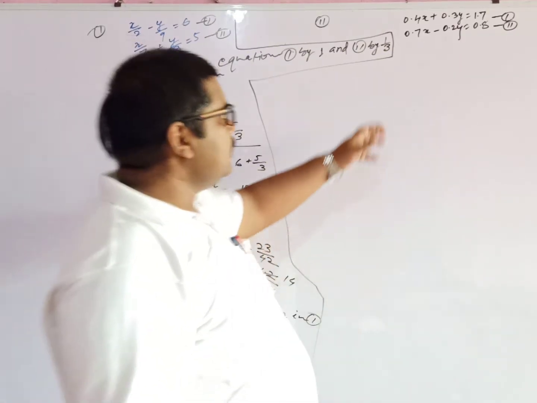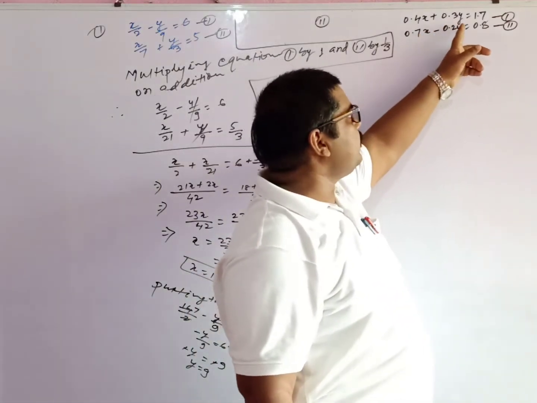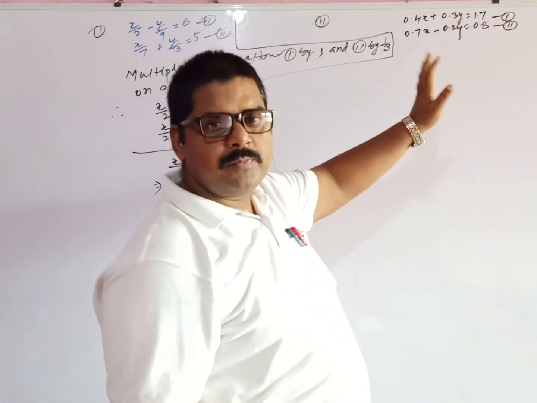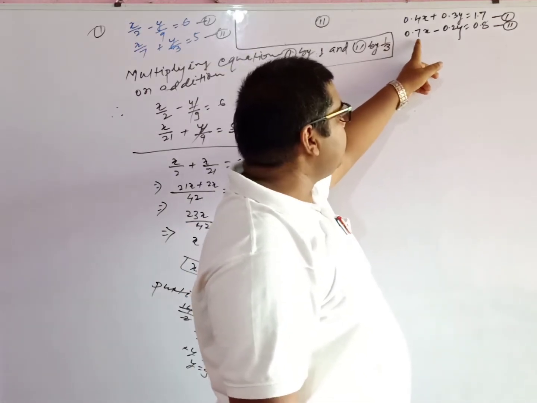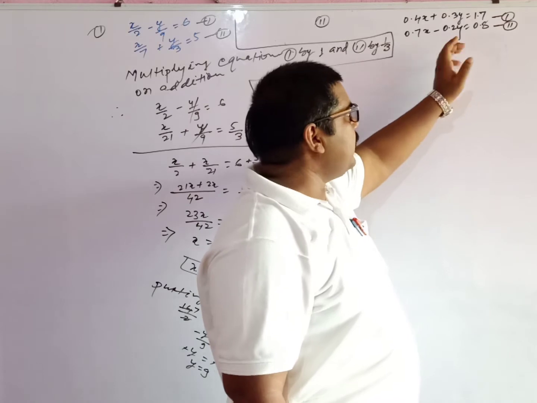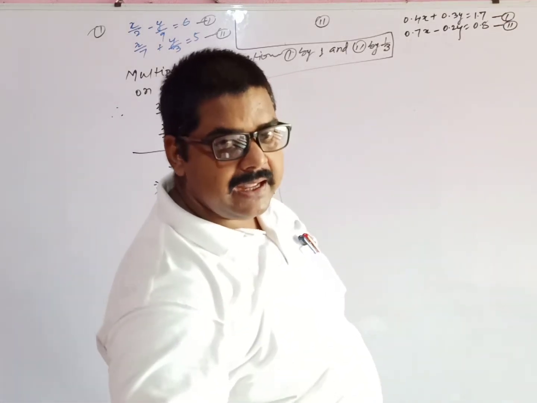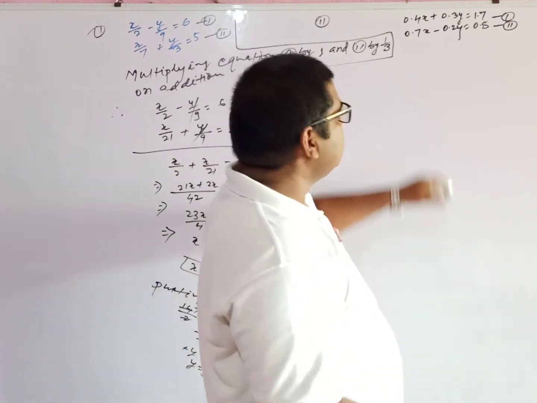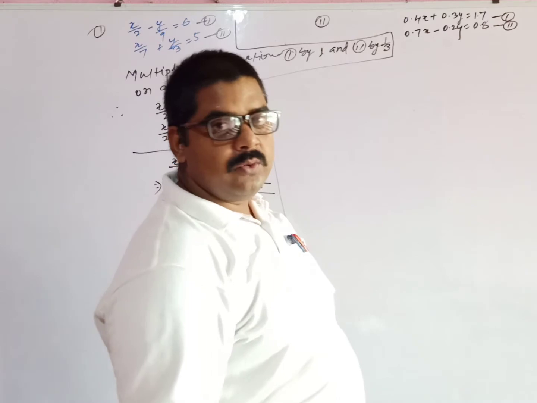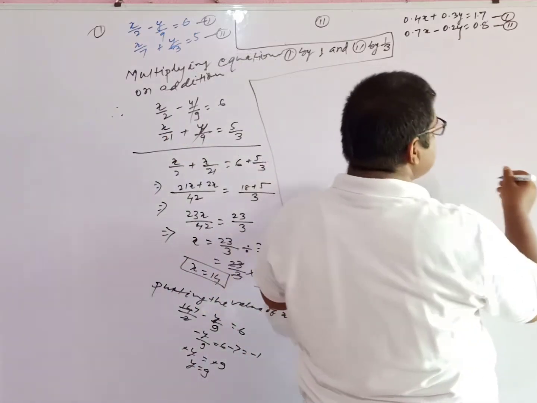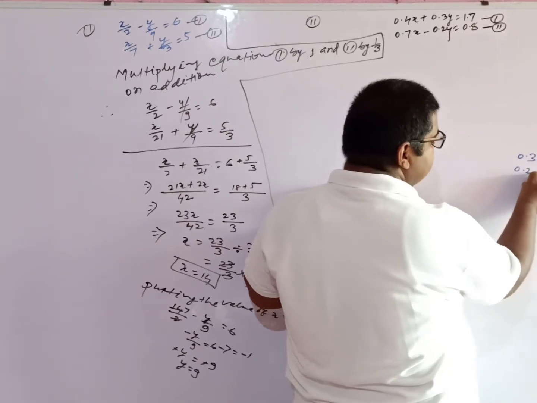My dear students, for the second question I have selected 0.4x + 0.3y = 1.7, and the second equation is 0.7x - 0.2y = 0.8. I have to make the coefficients of the y terms equal. One coefficient is 0.3 and the other is 0.2.